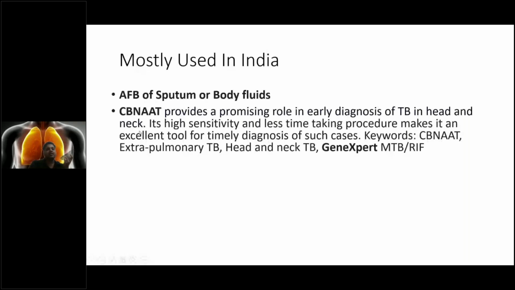And another is more specialized, that is GeneXpert. If the patient is negative for AFB, negative for CBNAAT, but positive for GeneXpert, then also we will tell that the patient has TB. So these three we usually give to patients in clinical setup.